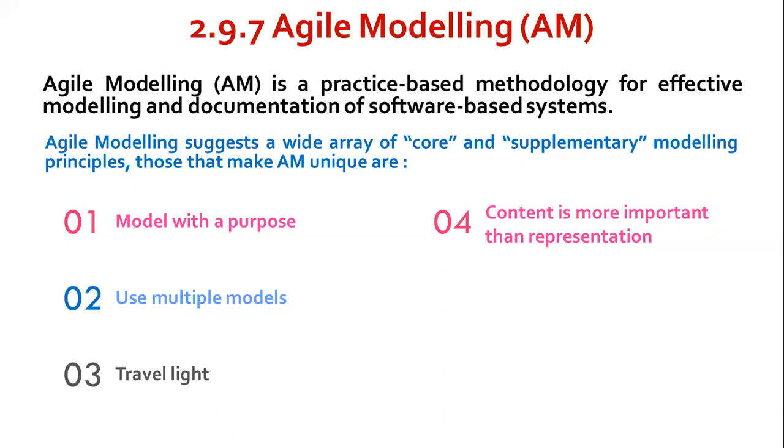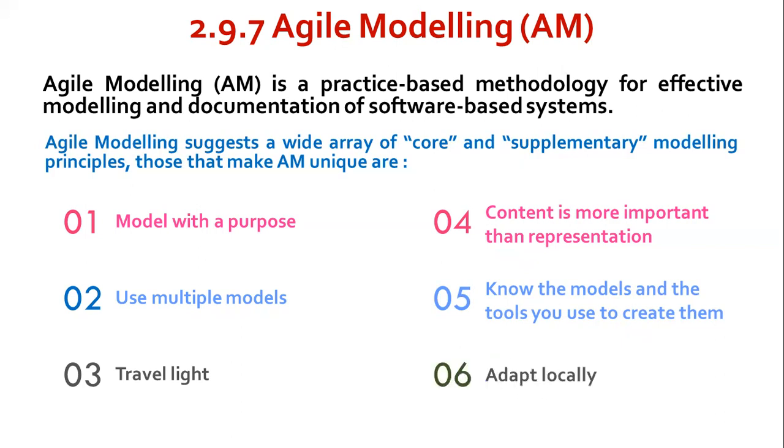And the fifth one, know the models and the tools you use to create them. Here we need to understand the strengths and the weaknesses of each model and the tools that are being used to create it. And the last one, that is the sixth one, is adapt locally. The modeling approach should be adapted to the needs of the agile team.